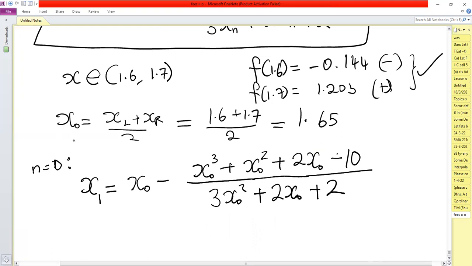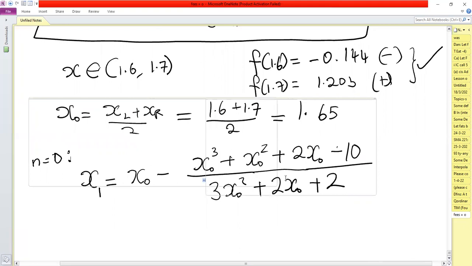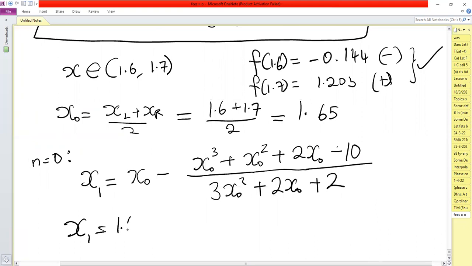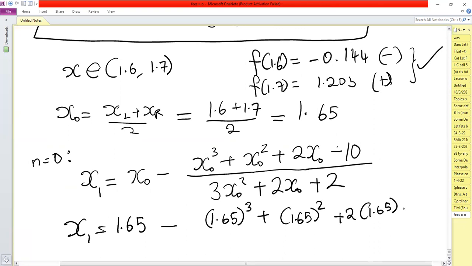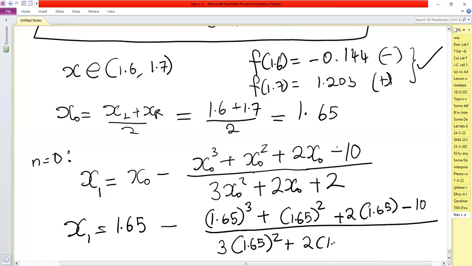Remember x naught is 1.65, so we'll have x1 equals 1.65 minus 1.65 cubed plus 1.65 squared plus 2 times 1.65 minus 10, divided by 3 times 1.65 squared plus 2 times 1.65 and then plus 2.